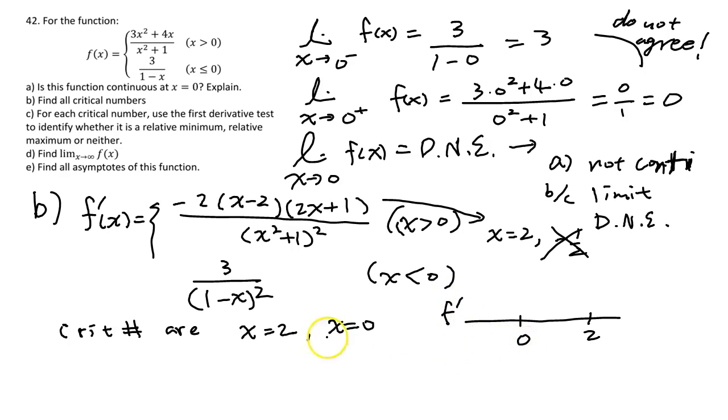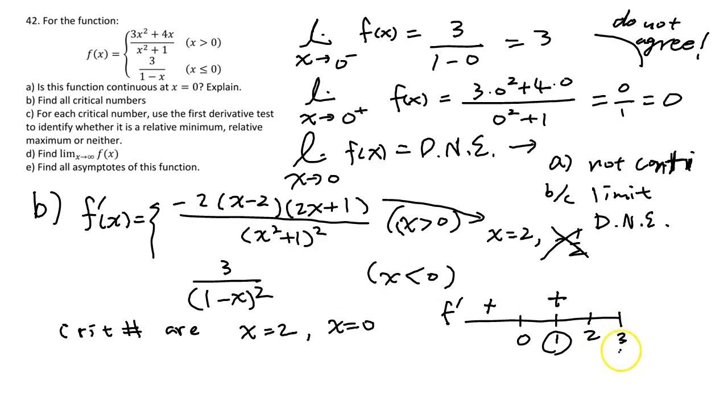If I plug in anything negative, it goes into here, and this is positive divided by positive, so f prime is always positive before 0. Between 0 and 2, if I plug in, say, 1 as a test value, this is positive, that's positive, this is positive, and 1 minus 2 is negative, so you end up with a positive here.